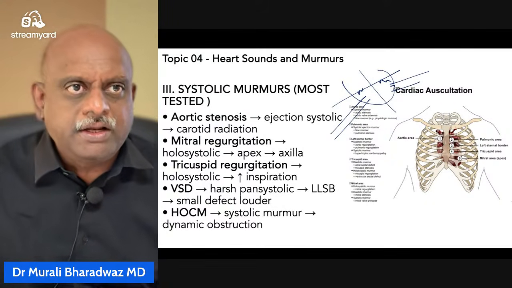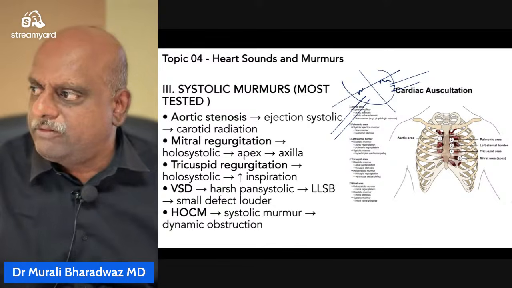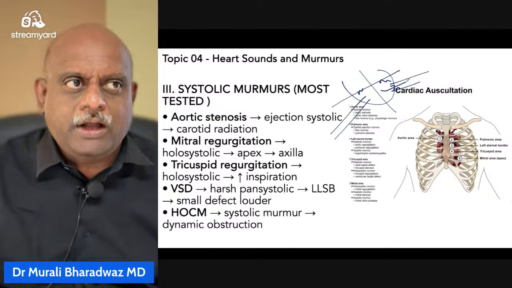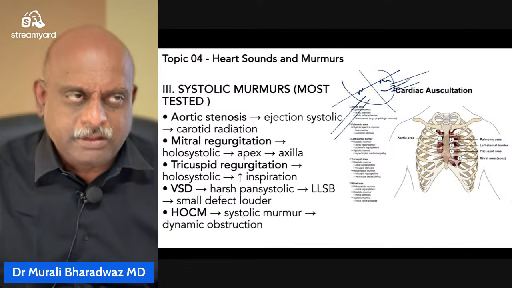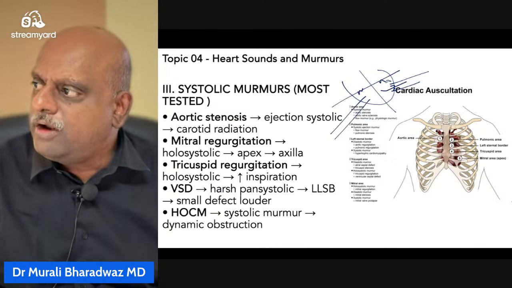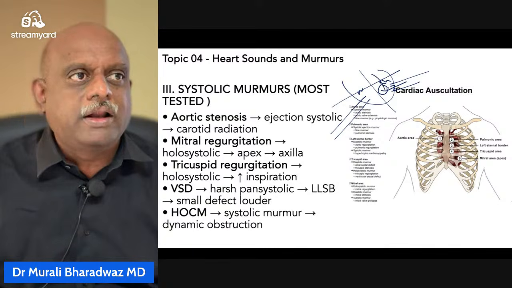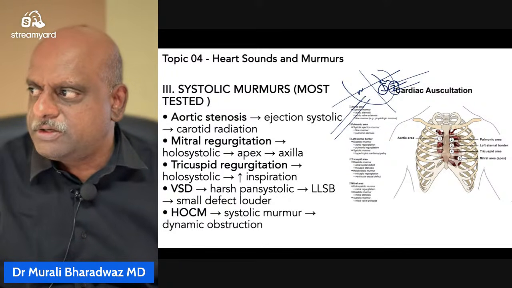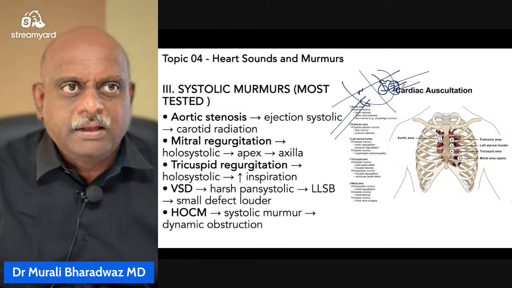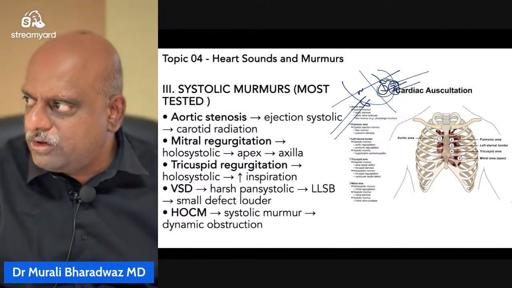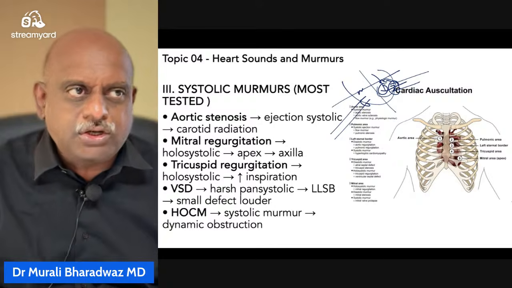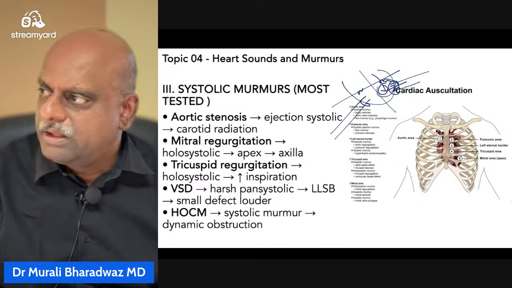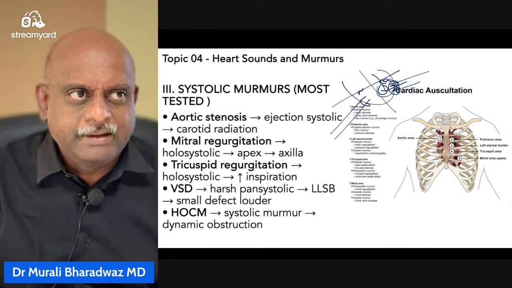Imagine there is a stenotic lesion in the aortic or pulmonic valve. When the blood is pumped, will you have a problem? That means ventricular systole. Or when the ventricle is getting filled, are you having a problem, if there is aortic stenosis or pulmonic stenosis? During ventricular systole you will have a problem, or ventricular diastole you will have a problem.